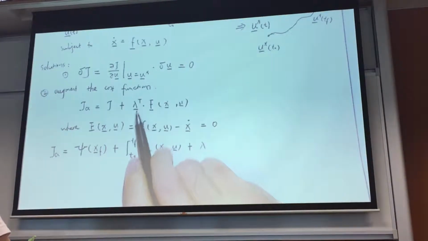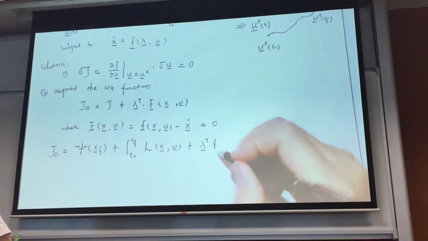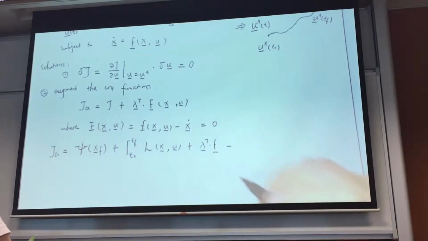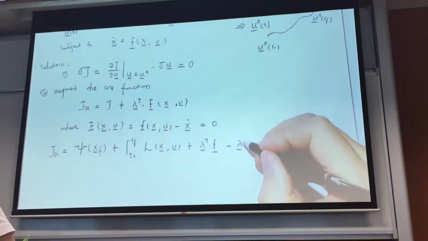So this plus lambda t multiplied by f minus lambda t multiplied by x dot.